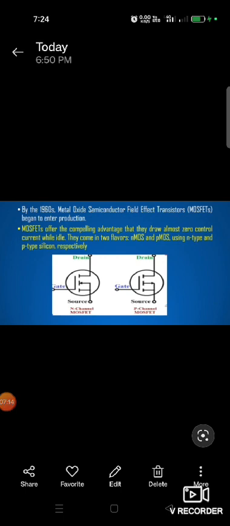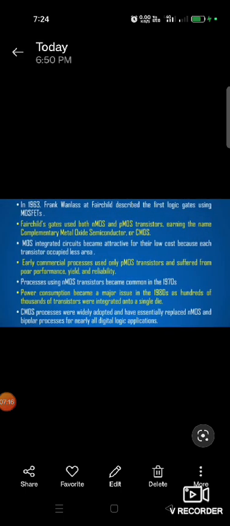And the next one, we are going to see how in 1963 Frank Wanlass at Fairchild described the first logic gates using the MOSFET. These Fairchild gates used both NMOS and PMOS transistors, earning the name complementary metal oxide semiconductor, or CMOS, because NMOS or PMOS alone has disadvantages. If we use NMOS alone, power consumption is a major issue.